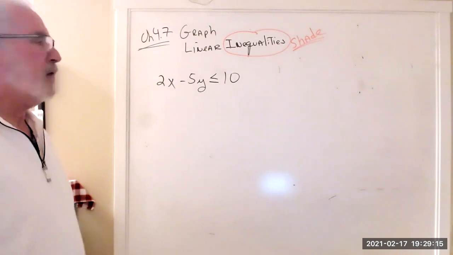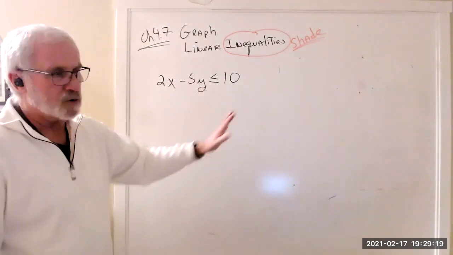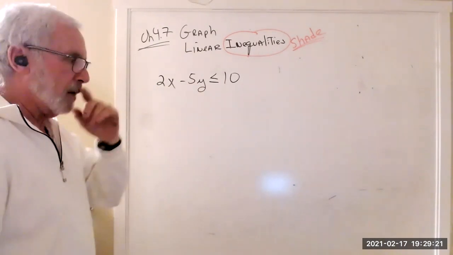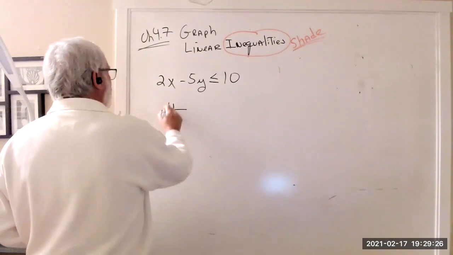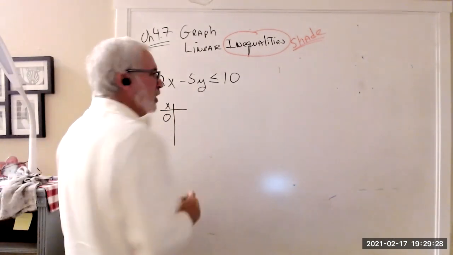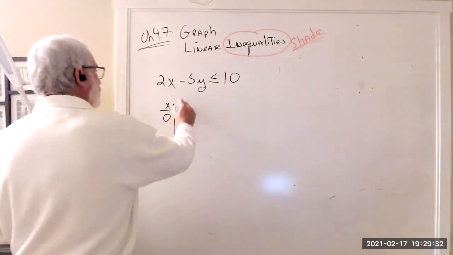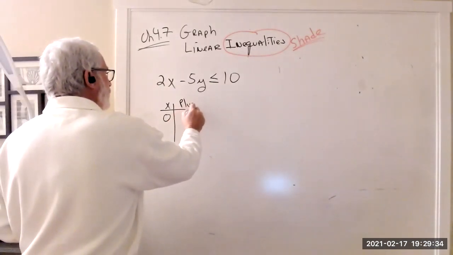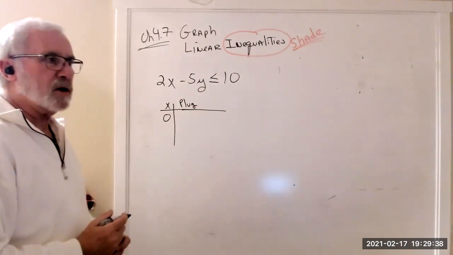If you want to manipulate it into slope-intercept, you go right ahead, that's okay. But I want to remind you, one of the things we learned is how to use intercepts. Remember, that was one of the ways we learned to graph a line: plug in some points.